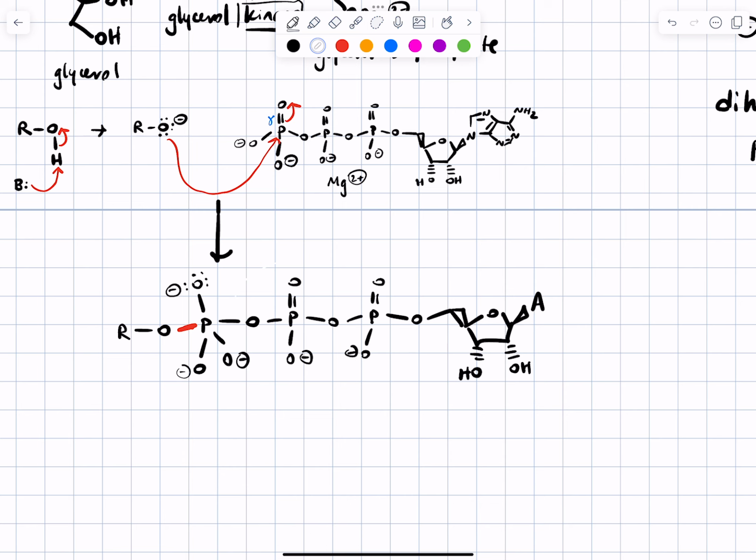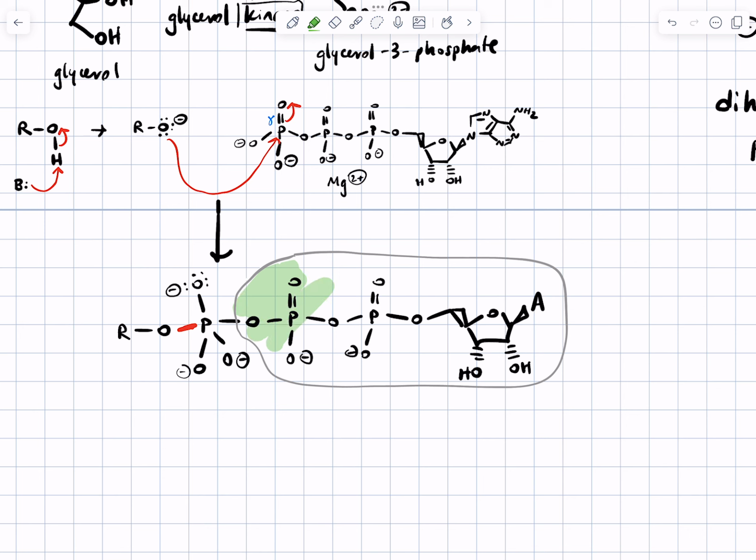All of this, I wanted it to be gray. There we go. All of this, highlighted in green, is going to be a leaving group. It's going to leave as ADP now because we've gotten rid of one of the phosphate groups. So this is going to be the ADP leaving group.